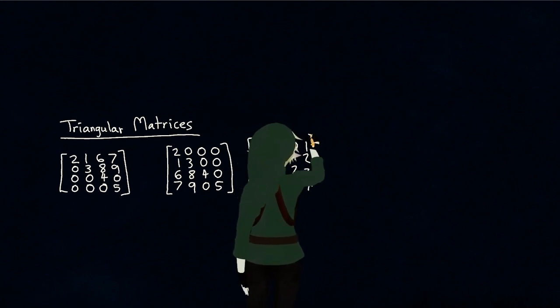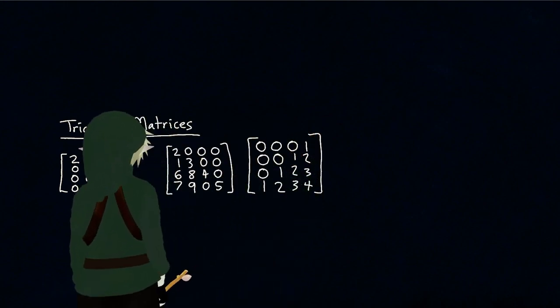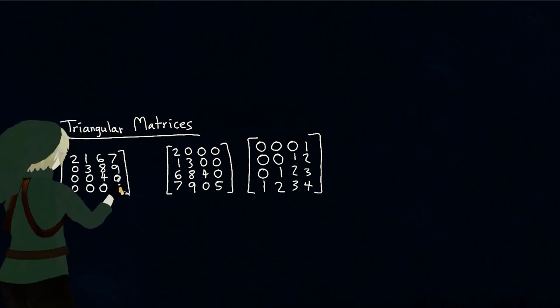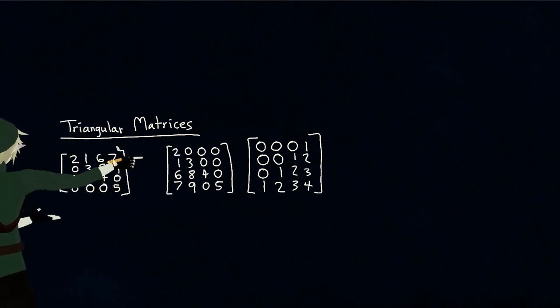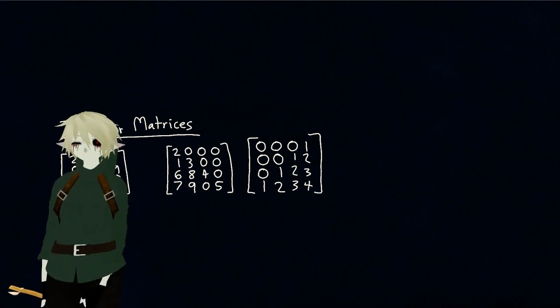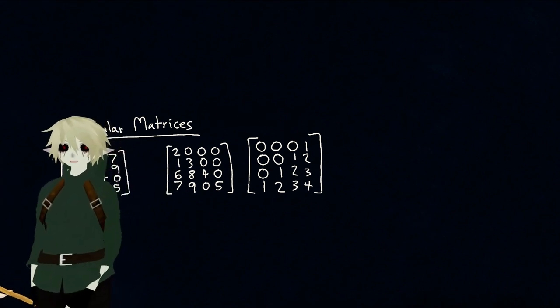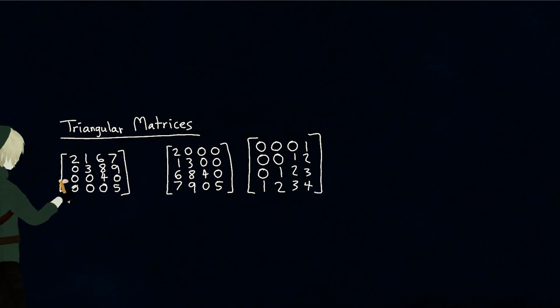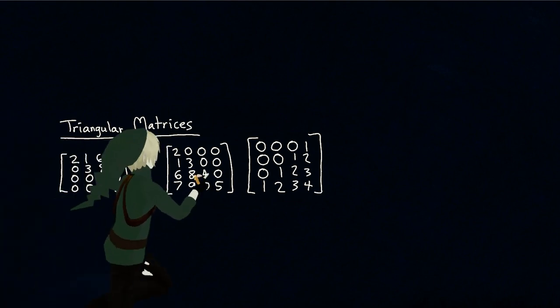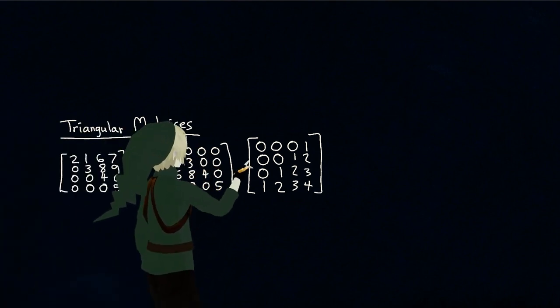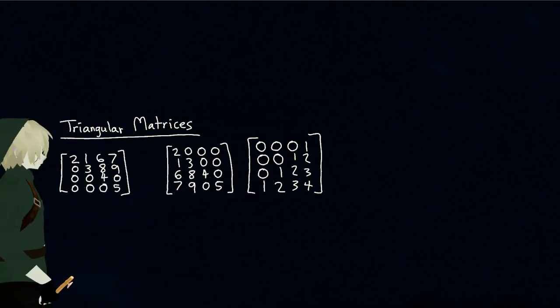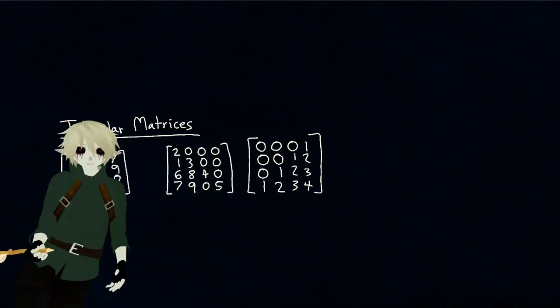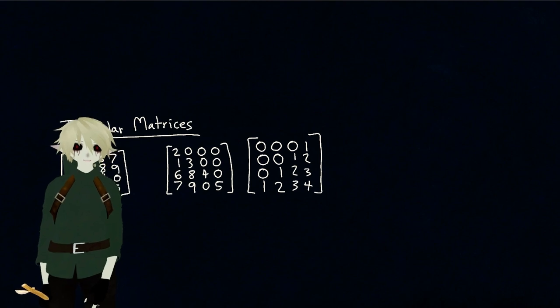This is a symmetrical triangular matrix. So all of this is a triangular matrix. They're all triangular matrices. That's when we have a triangular shape of zeros inside a square matrix.